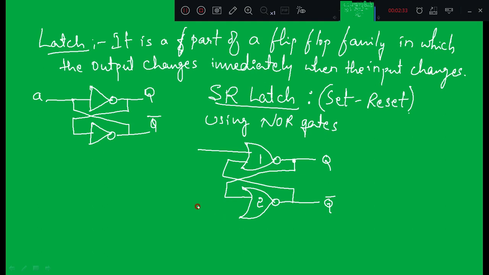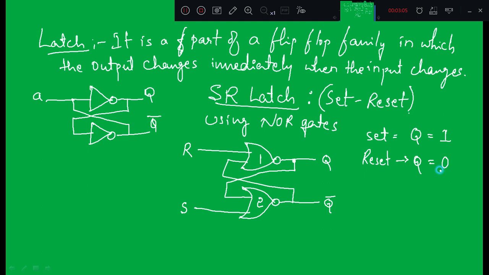Next, this input will be R and this input will be S, because as the name itself shows, S stands for set and R stands for reset, right? That means when S is equal to 1, the latch has to set. What do you mean by set? Q should be equal to 1, that means the latch is going to store 1. And what do you mean by reset?